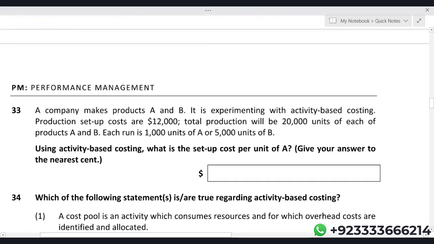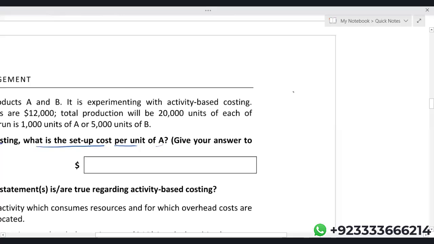Okay, now let's go to another one. A company makes products, using activity-based costing, what is the setup cost per unit of A? Now, students, very simple. Number one, we need to calculate the overhead absorption rate.